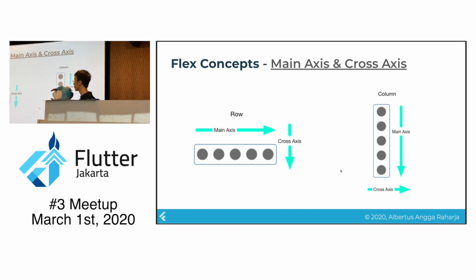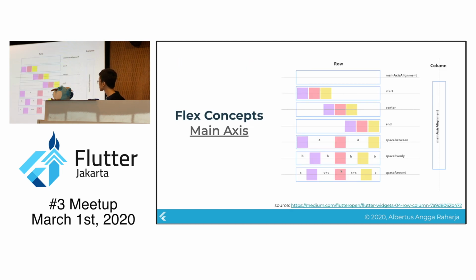So if it's row, the main axis is horizontal. If column, the main axis is vertical. Cross axis is the second axis that's different from the main axis. So if main axis is vertical, the cross axis should be horizontal. And we will talk about the alignments later. This is just a concept, a new term.